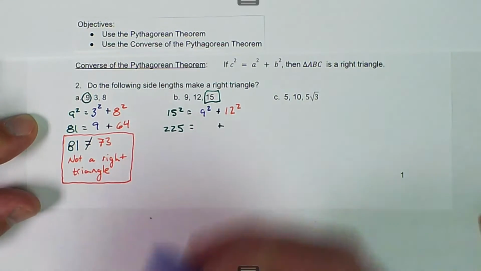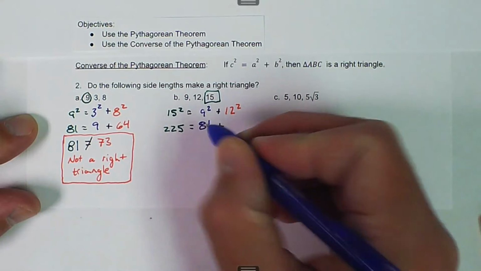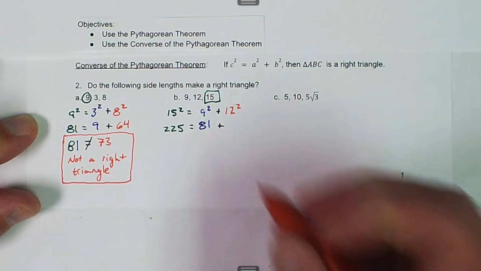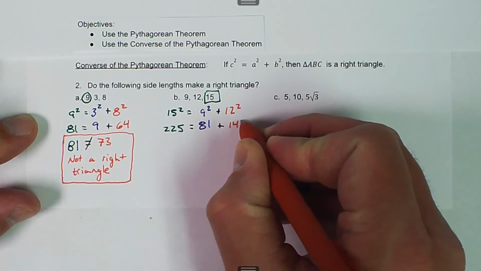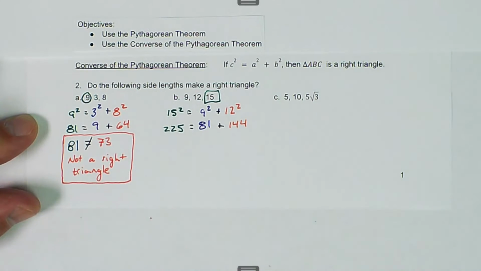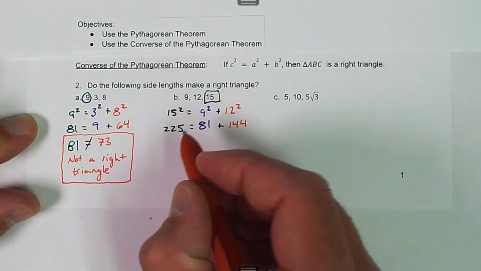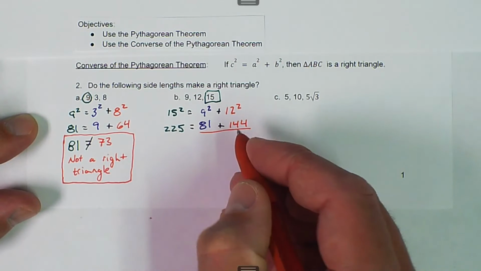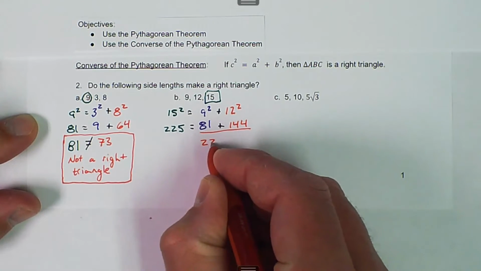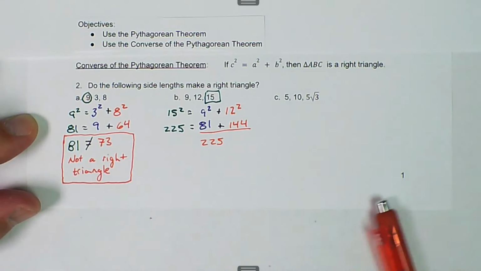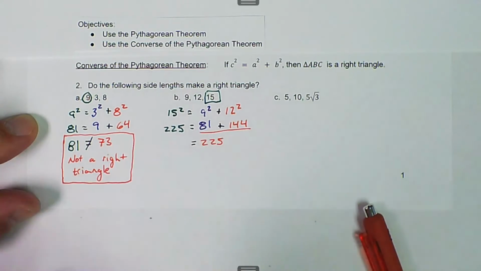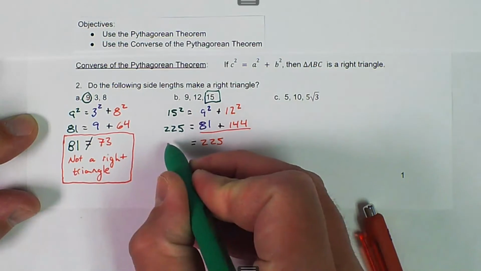9 squared is 81. And 12 squared is 144. 81 plus 144 is 225. So 225 equals 225.